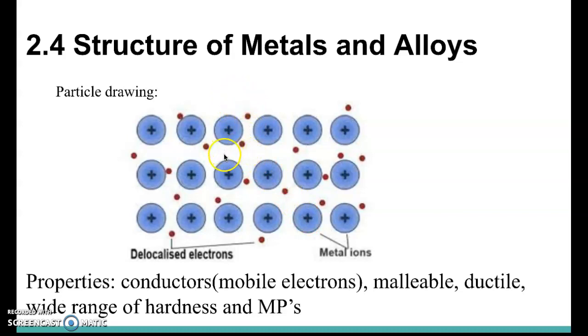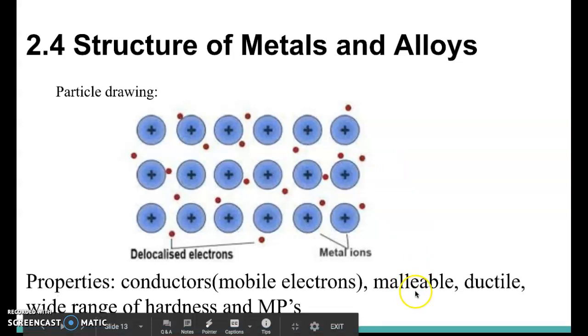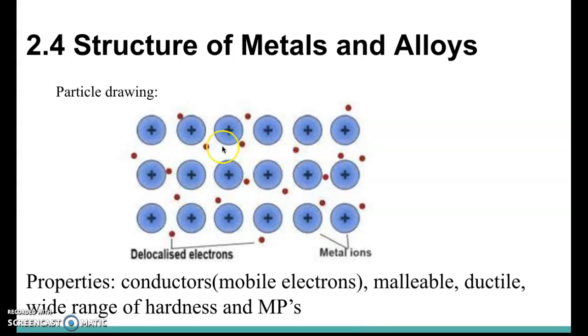It won't just break apart. It's a hard structure, but it also has the ability to be pounded into a thin sheet. It's hard, but it's not a rigid structure. Rigid structures will break under pressure. That's not what metals are. Metals tend to be hard, but not rigid. So you can hammer them into thin sheets because the electrons offer a cushion between the metal ions.